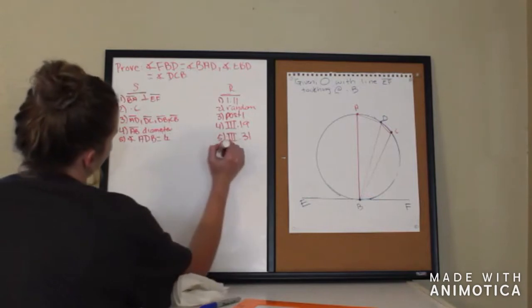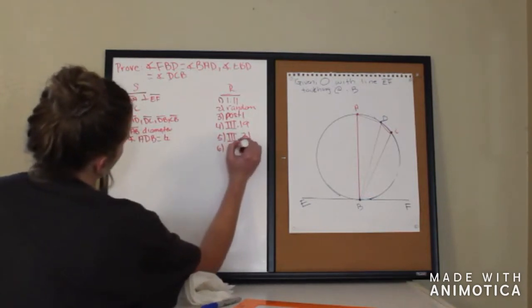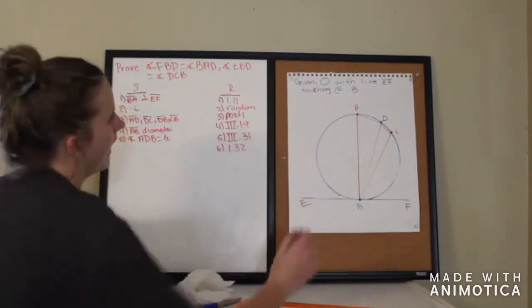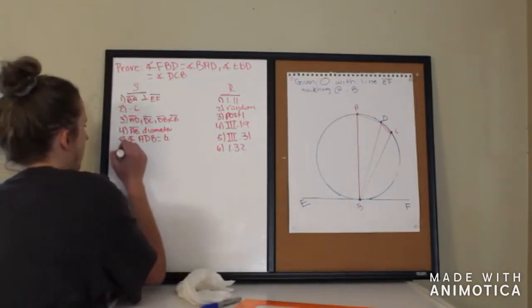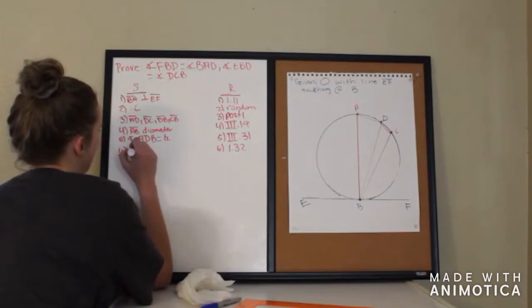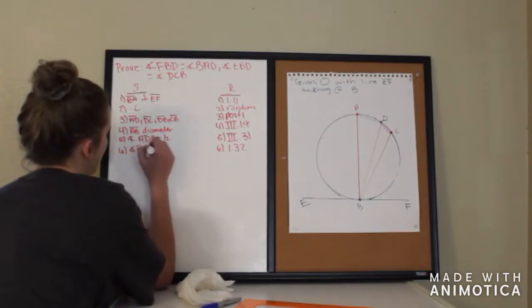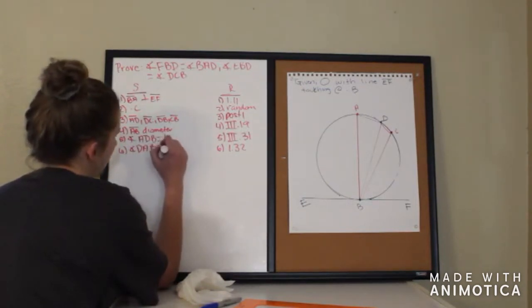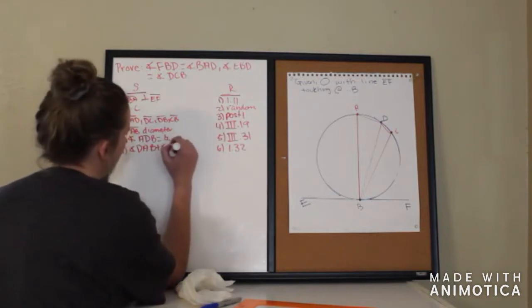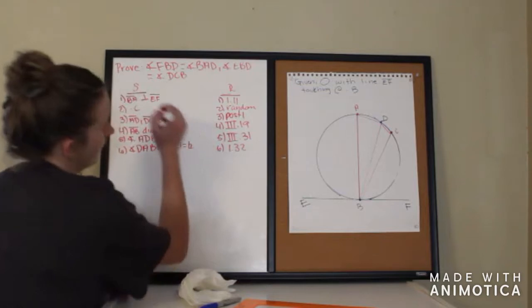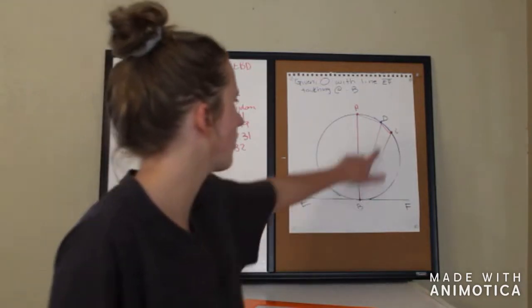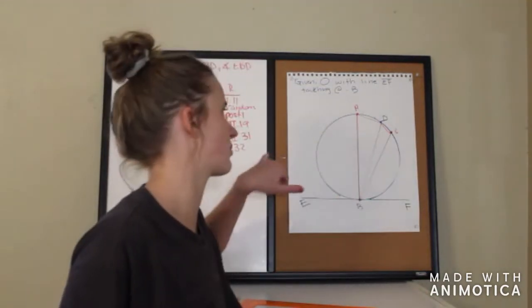And now we know, because of Book 1, Proposition 32, that angles DAB plus ABD are a right angle, because this whole thing is going to add up to two right angles because of Proposition 32.